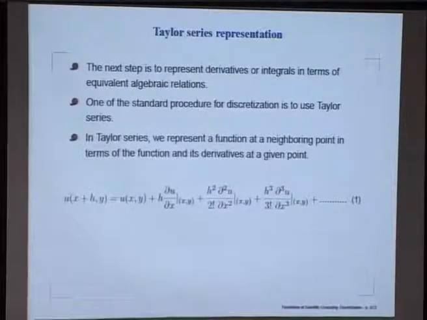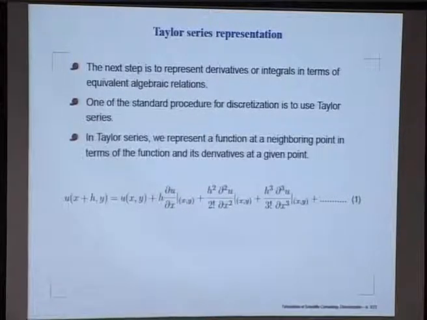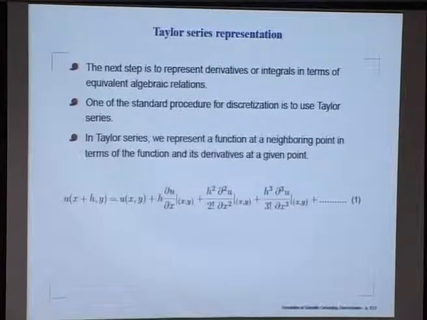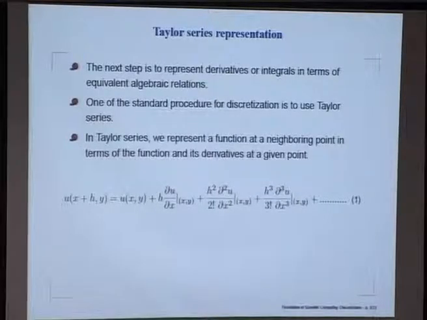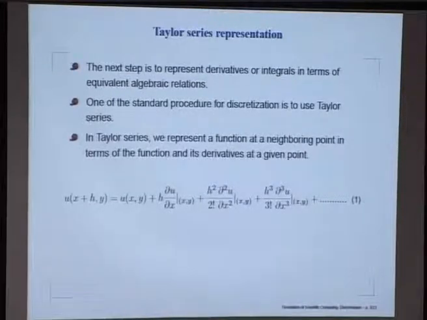And this is what we talked about, that the value at one node, say x plus h, can be obtained from the information already obtained at the x y location, in terms of not only the function, but all kinds of its derivatives via this Taylor series expansion.